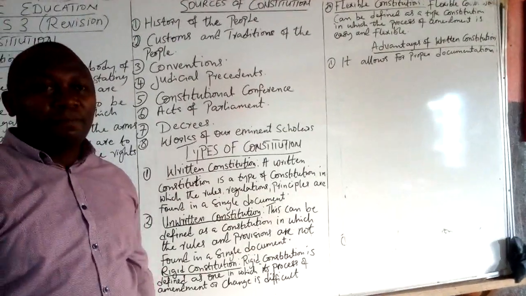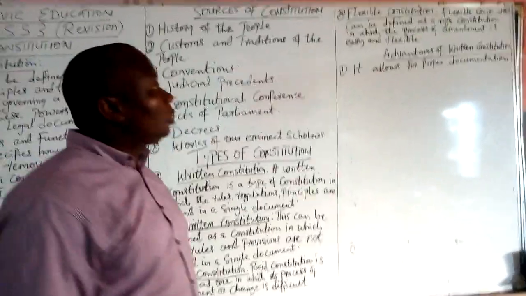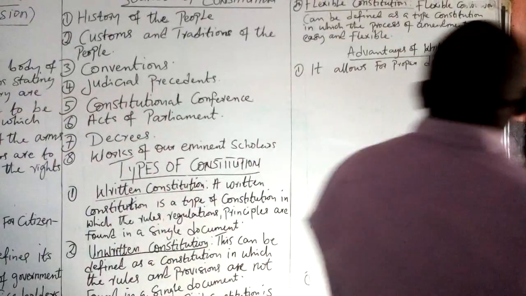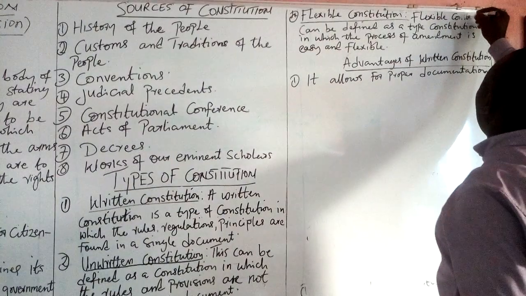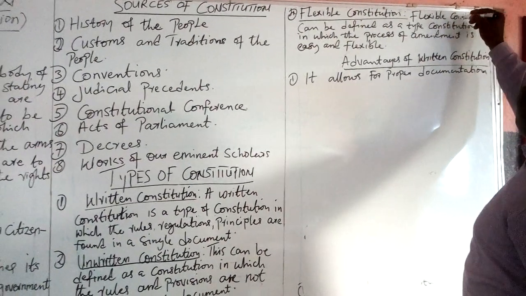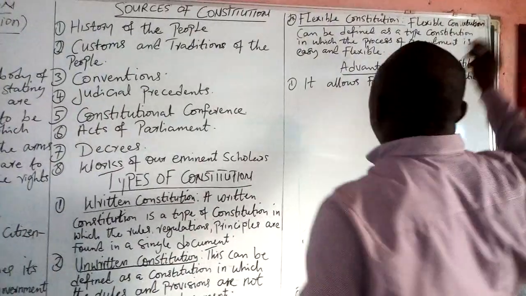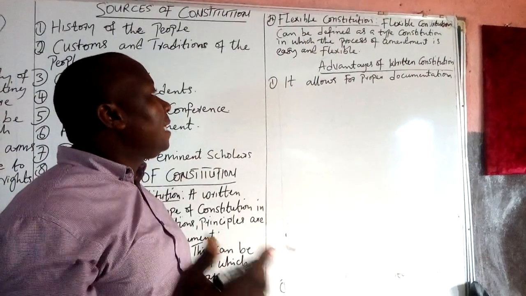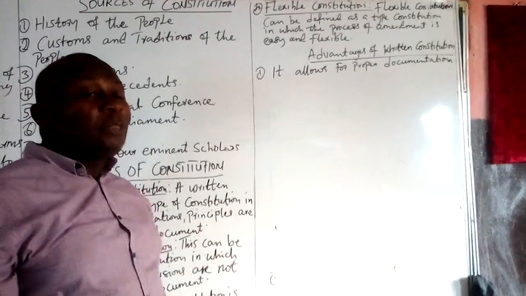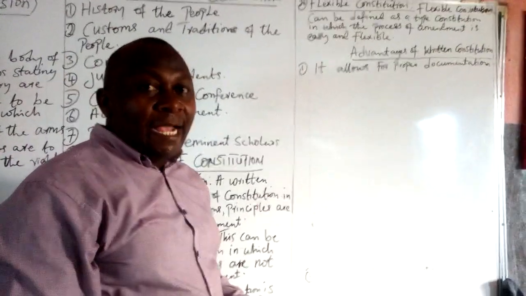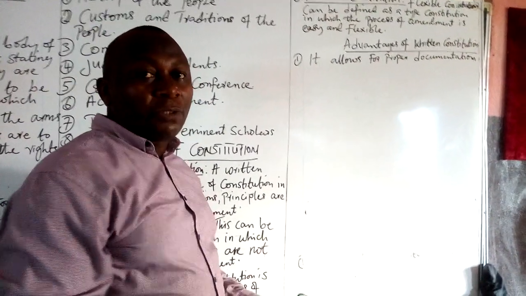Another type of constitution is the flexible constitution. A flexible constitution can be defined as a type of constitution in which the process of amendment is easy and flexible, which means the process of its amendment is always easy, not cumbersome, not rigorous like the rigid constitution.